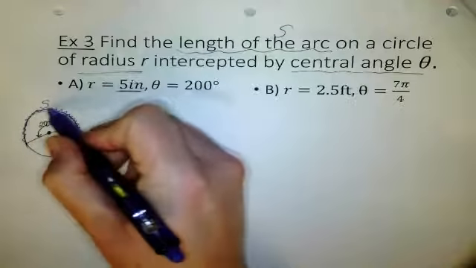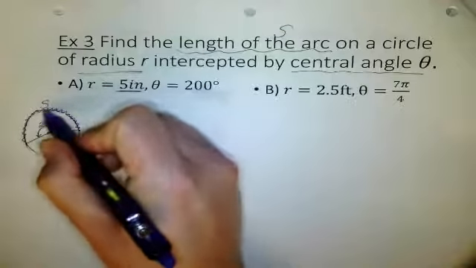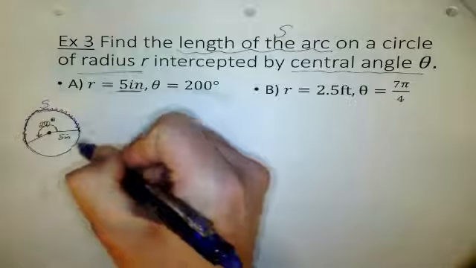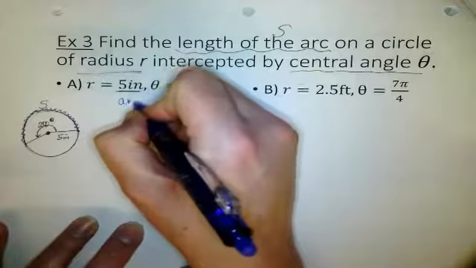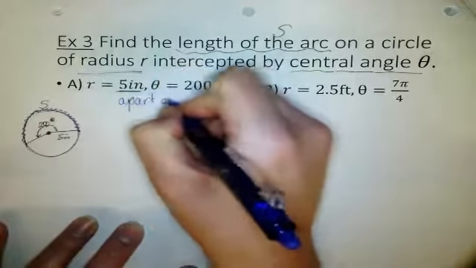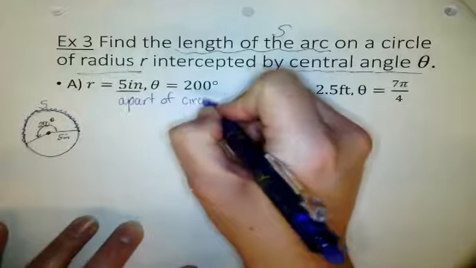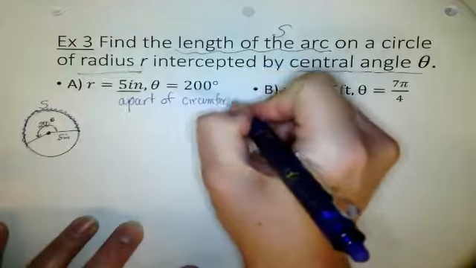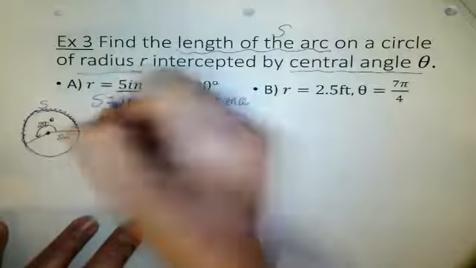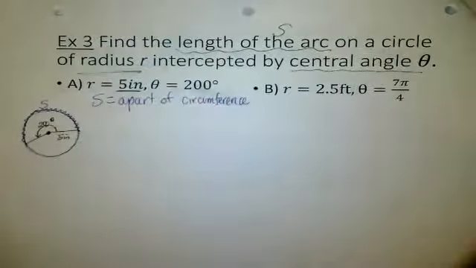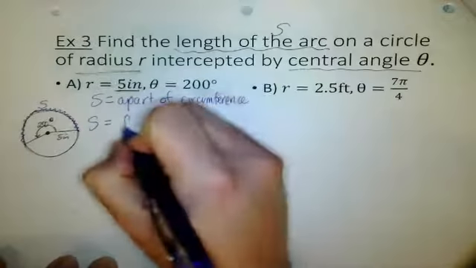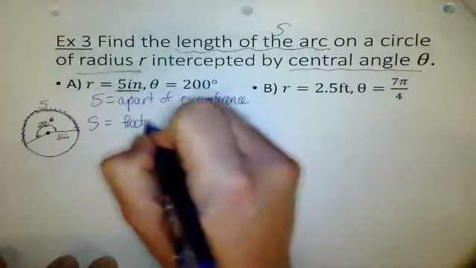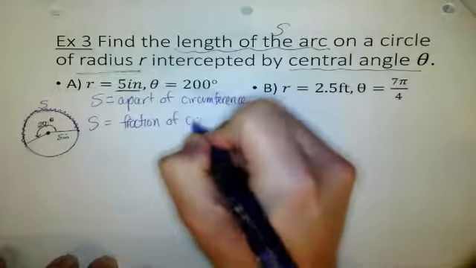So this S length here, this length around the edge of the circle, is a part of circumference. S is a part or a piece of the circumference. More specifically, S is some fraction of circumference.